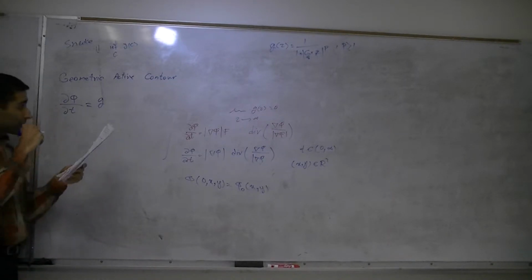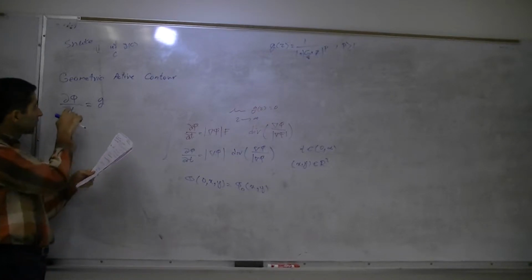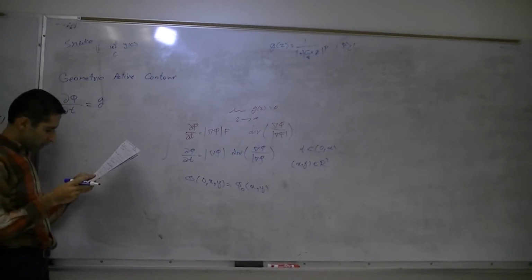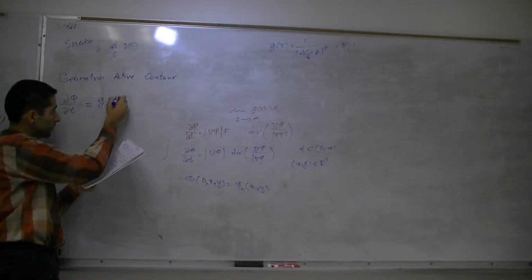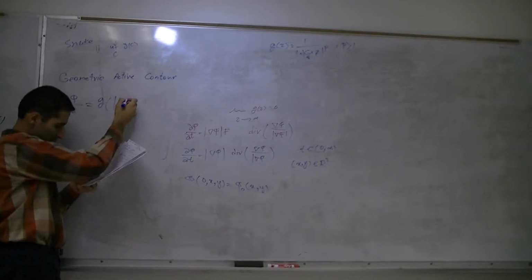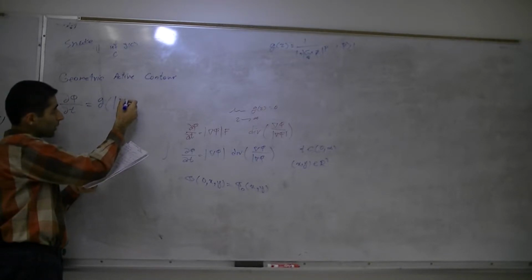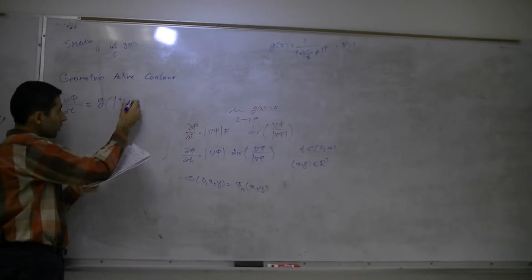For the geometric active contour, the rate of changing phi is dependent on this function, which is dependent on the gradient of u0.